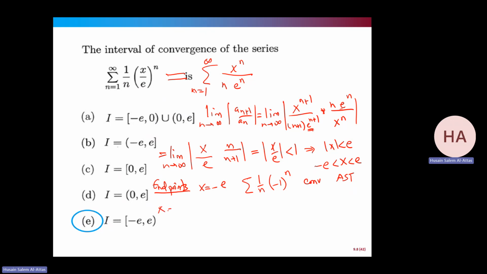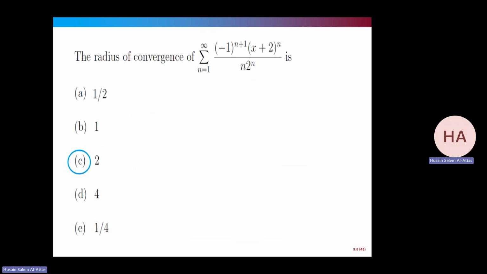Very clear. x equals e. I'm getting 1 over n times e over e, 1 to the power n is 1. So this diverges, harmonic. So what will be the interval? Closed at minus e, open at e. That's it.